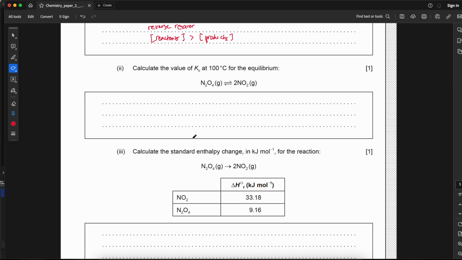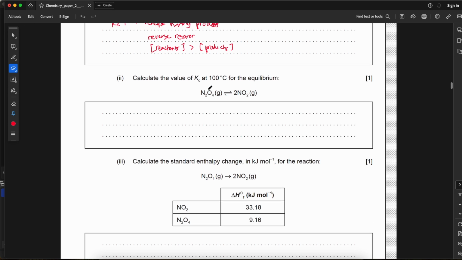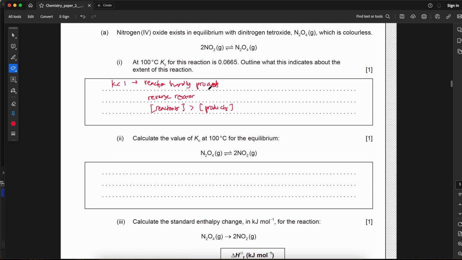Calculate the value of Kc at 100 degrees Celsius for the equilibrium N2O4 producing 2NO2. So as you can see, this is the reverse. So Kc when it's reversed is to the power of -1. For 1.5 times the equation, half of the coefficient, it will be a square root.